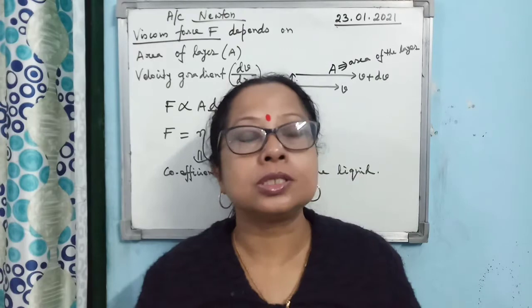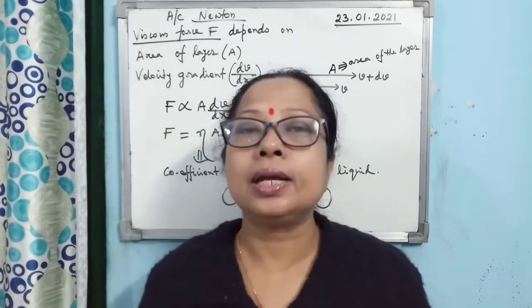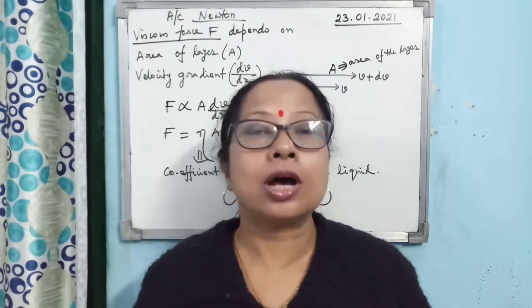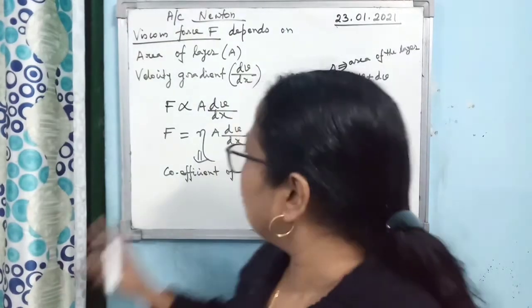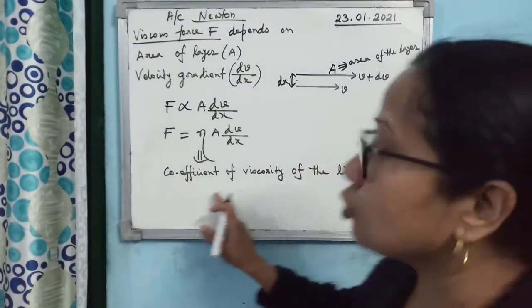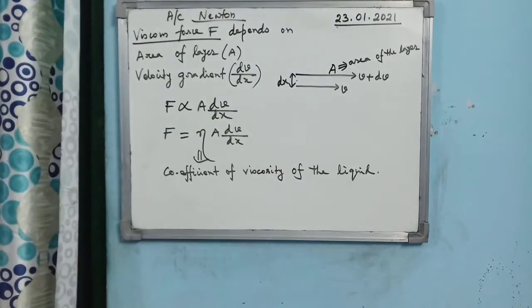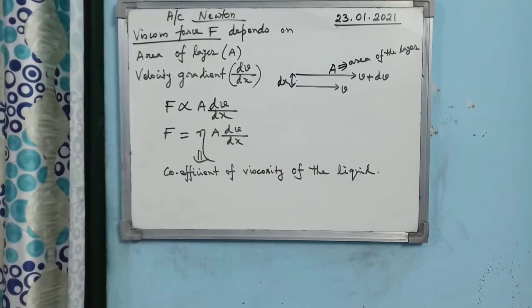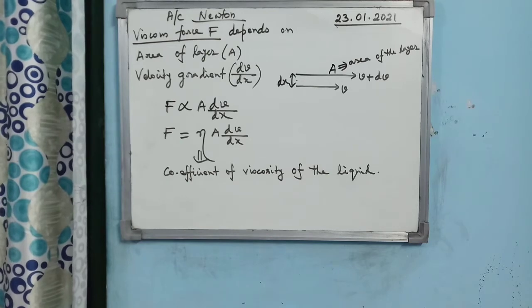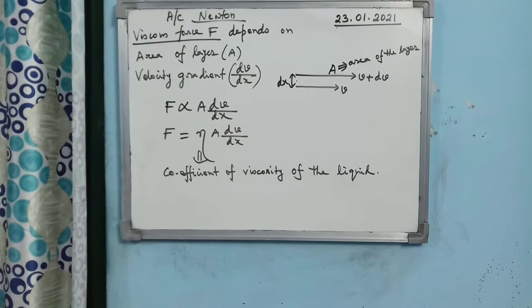Although viscous force depends on the area of the liquid and the velocity gradient, the coefficient of viscosity, which is constant for a liquid, depends only on the nature of the liquid. Who does not depend on A and dV/dx? Eta. Eta is the coefficient of viscosity.